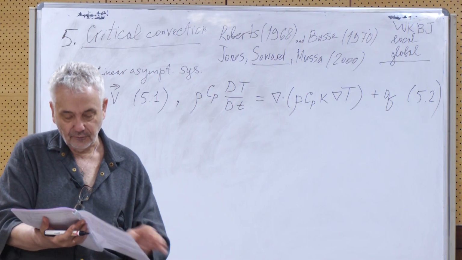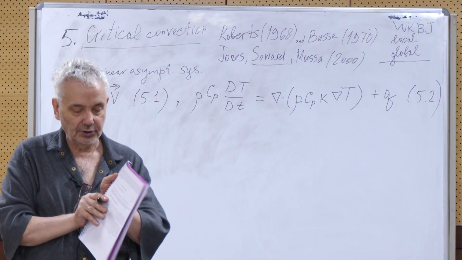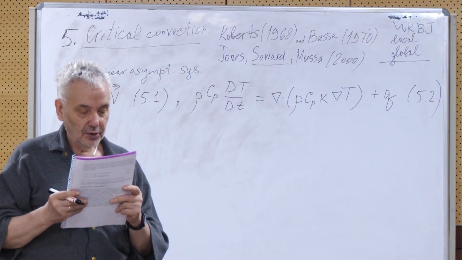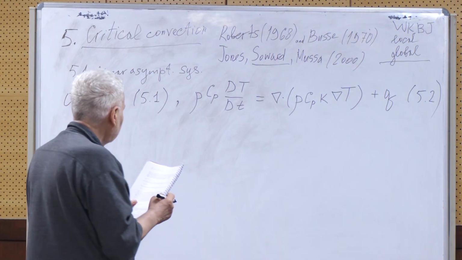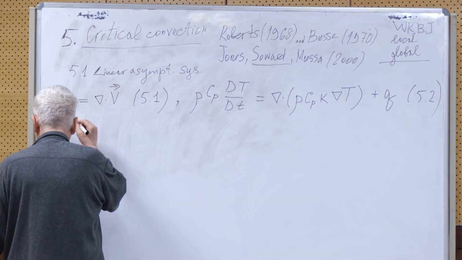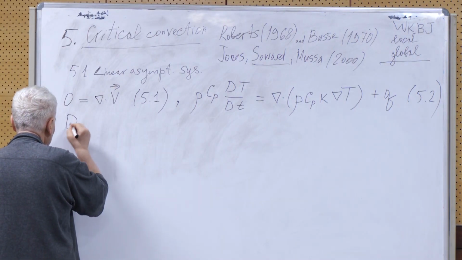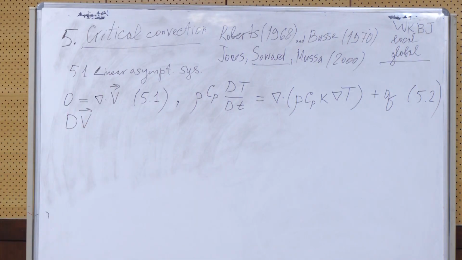I just repeat the form for this Busse approximation, which is of course a simplification, but rather sufficient for our first goal. And here we can write the third equation, which is the Navier-Stokes equation.